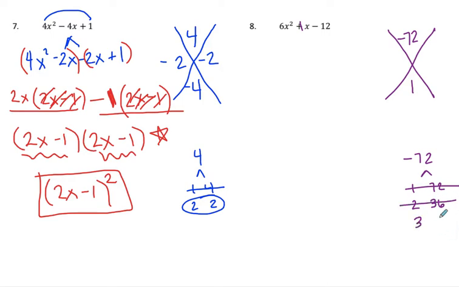Let's check 3, I gotta actually put this one in. 3 and 24. Again, we're getting closer, but not close enough to make 1. 4 and 18, I can make 14 or 22, out. Man, okay, we're going to have to keep going.